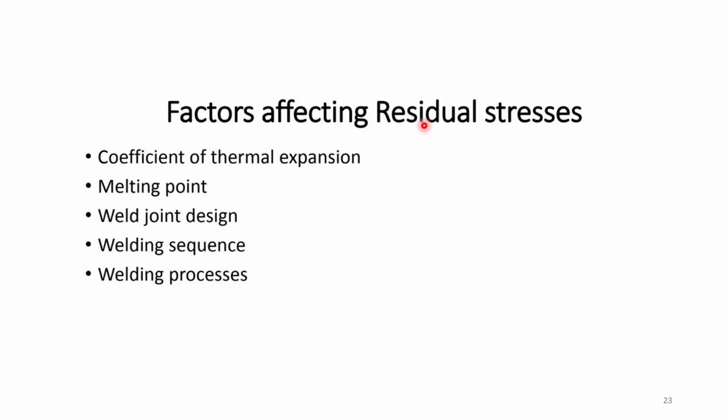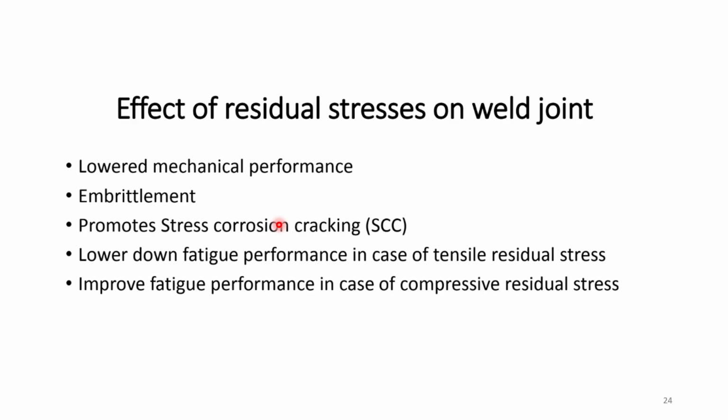Next is factors which affect residual stresses. For a material: coefficient of thermal expansion, melting point, weld joint design, welding sequence, and welding processes. These all will affect residual stresses. Effect of residual stresses on weld joint: this will cause lowered mechanical performance.